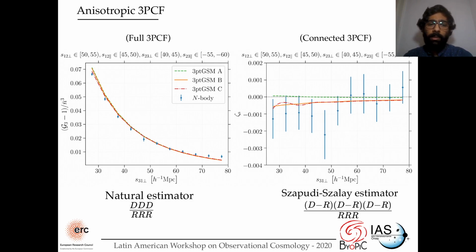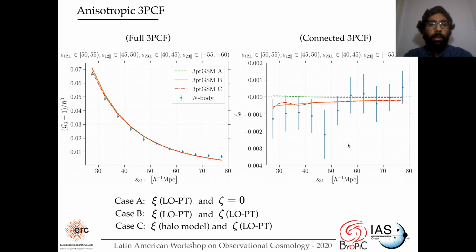For measuring the left hand side plot, we use the natural estimator for the simulations, given by the blue dots here. That is, the natural estimator would be DDD over RR. On the right hand side, for the connected 3-point correlation function, we use the Szapudi-Szalay estimator, as shown here. And the other thing is, here we show the 3 lines.